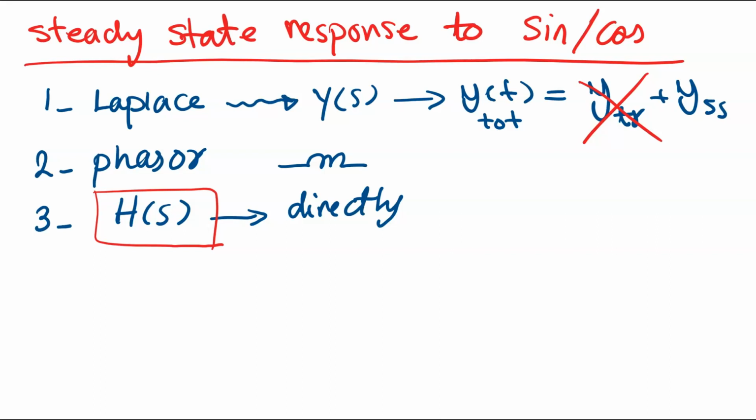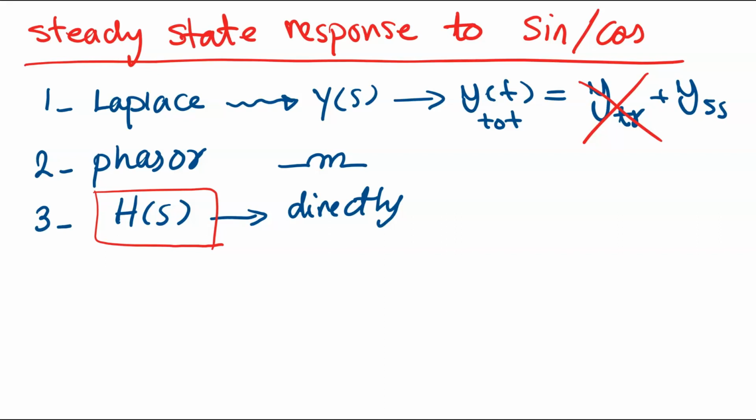You can just use the same approach, it's much easier, and it doesn't need everything to be calculated from scratch. I'm going to show you, and then you can compare the solution with phasor solution as well. Okay, so let's see what we are looking for.